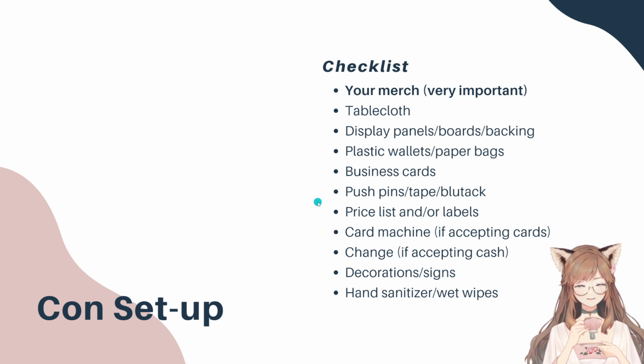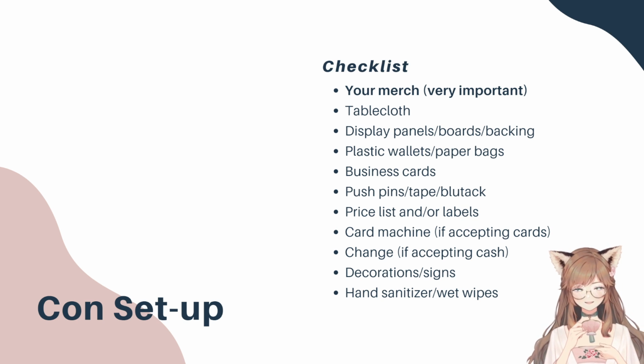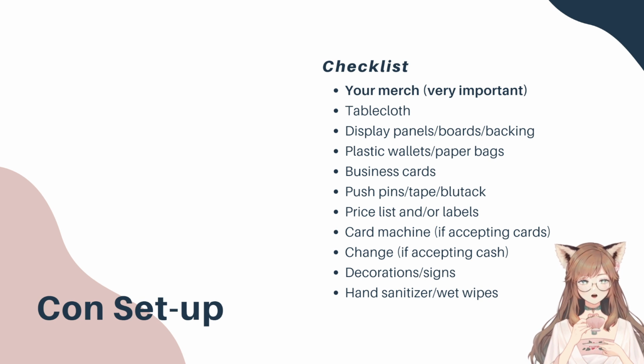Have a price list of all your stuff so that people know how much things cost. Also very important, although I have found that many people do not read the signs or have difficulty understanding signs. I know that some people at Dokumi were confused because I was very stupid and I didn't put the currency symbol before the number, and therefore people were confused.